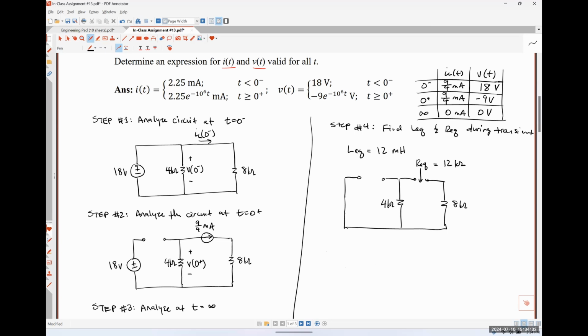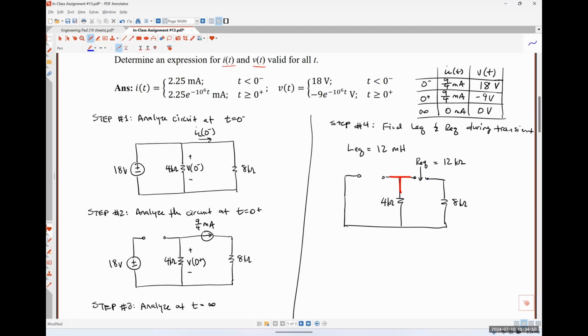I know that nobody said this, but I know from prior experience that multiple students have thought that this should have been 4 in parallel with 8. So let me just explain quickly why that isn't the case. If we identify our nodes here, we have this node and this node.